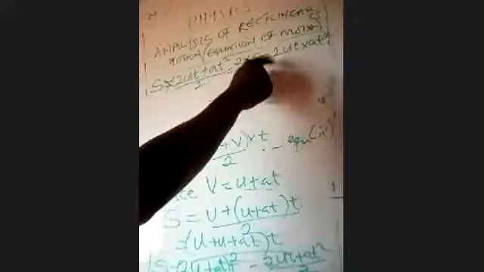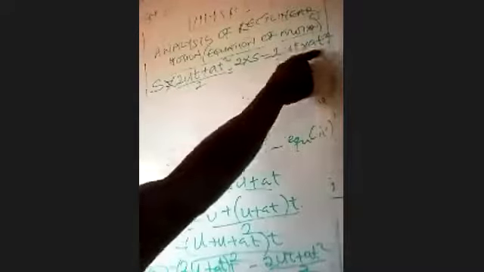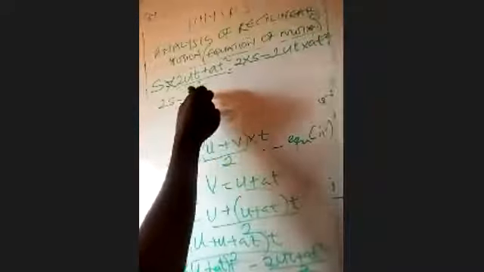We cross multiply. This will be 2 times S, which is equal to 2UT plus a t squared.